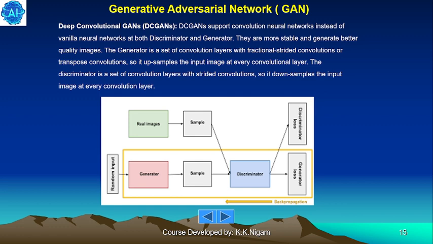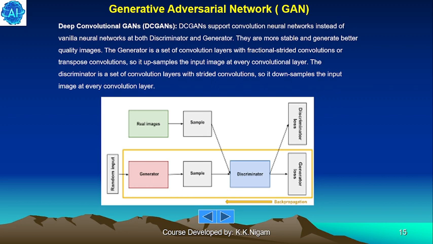Deep convolution GANs. DC GANs support convolution neural network instead of vanilla neural network at both discriminator and generator. They are both stable and generate better quality images. The generator is a set of convolution layers with fractional strided convolutions or transpose convolutions.